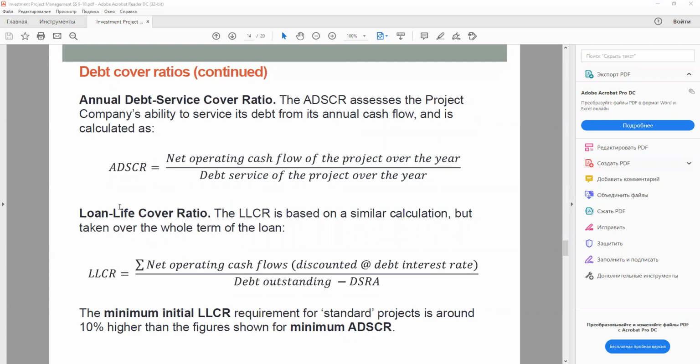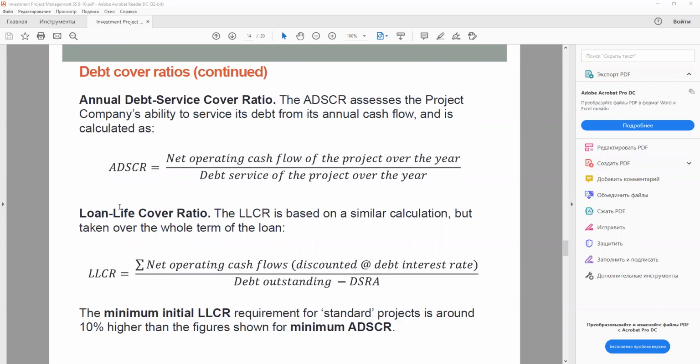The ADSCR assesses the project company's ability to service its debt from its annual cash flow, and is calculated as net operating cash flow for the project over the year, that is operating revenues less operating expenses, taking account of any maintenance reserve account or similar reserve accounts covering anything other than the debt service, and ignoring any non-cash items such as accounting depreciation, and that is all divided by debt service of the project over the year, that is interest payments and principal repayments, ignoring transfers to or from debt service reserve accounts.